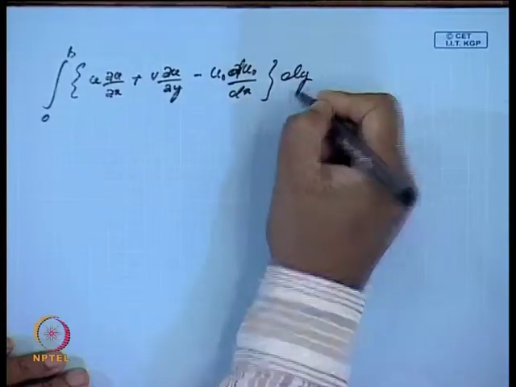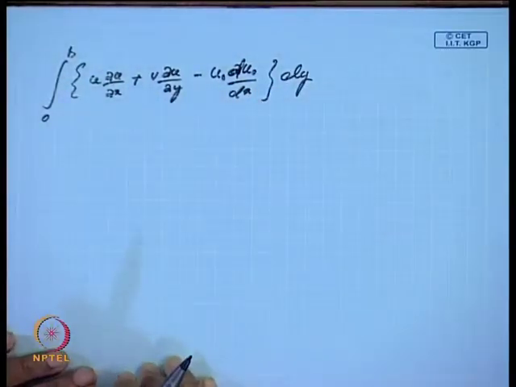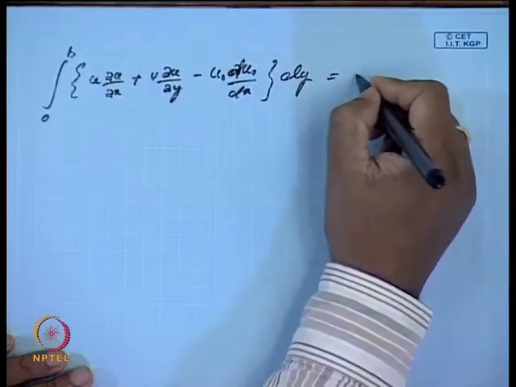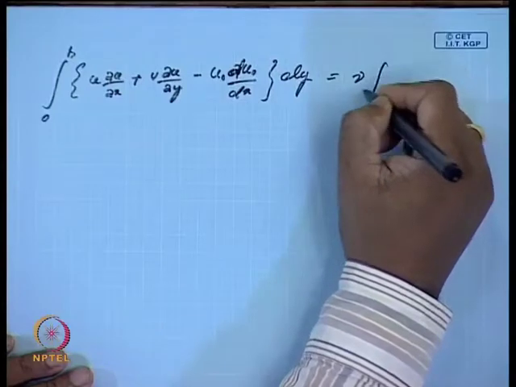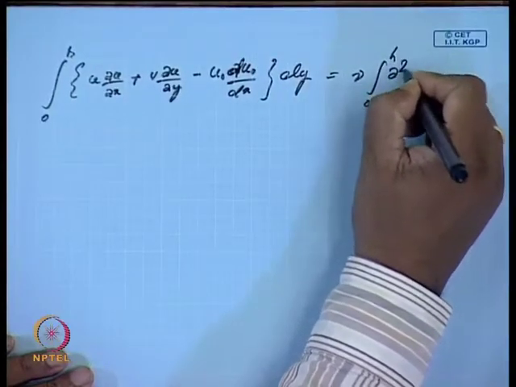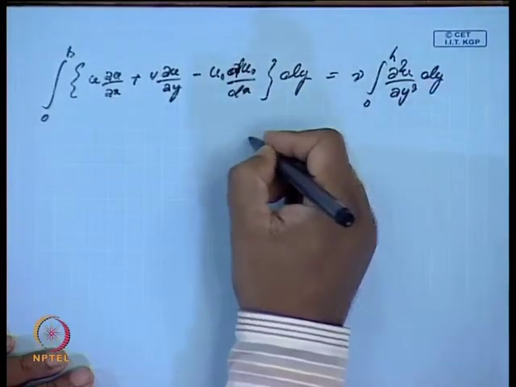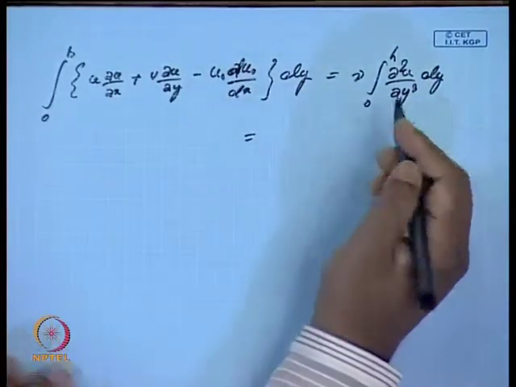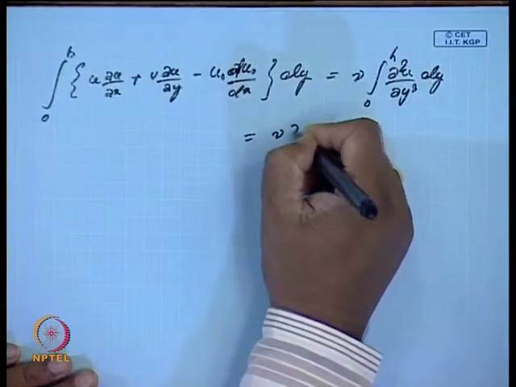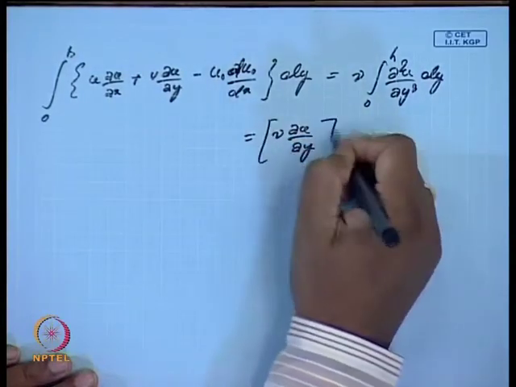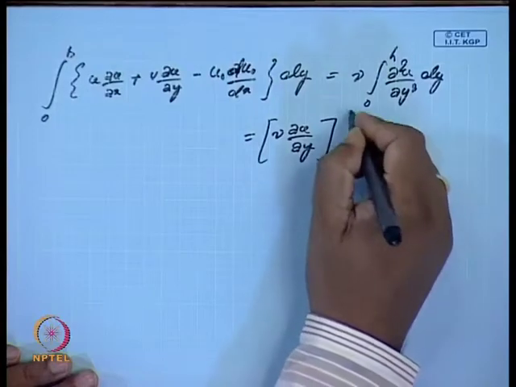dy, and as I have told, h is somewhere beyond the boundary layer, and this will give me on the right side nu, integral 0 to h, del square u by del y square dy. If I integrate by parts, this will give nu del u by del y from y is equal to 0 to h.